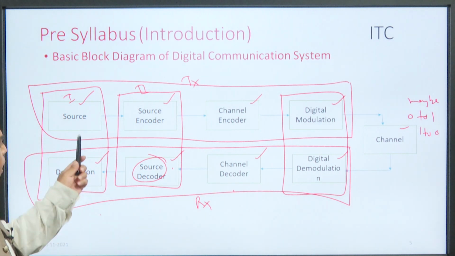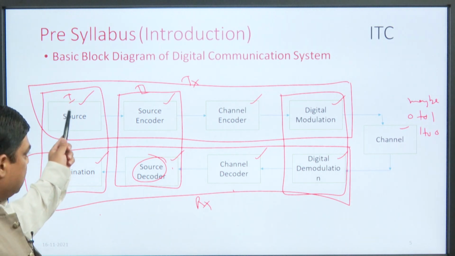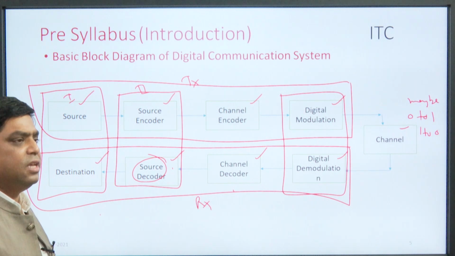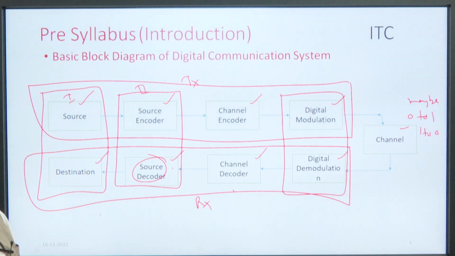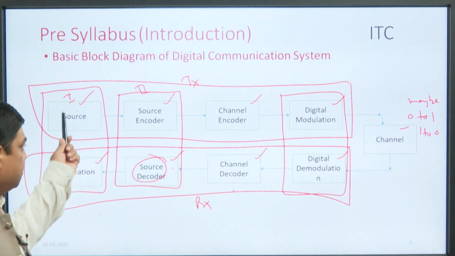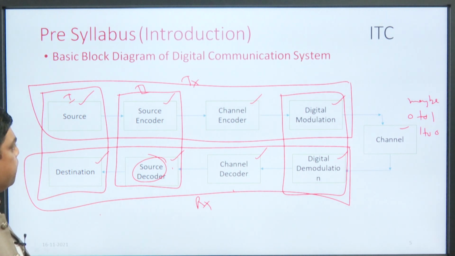Not only that, but also the entropy of the source, basically the average uncertainty connected with each symbol of that source, we will discuss in unit 1. Then this is all about the basic elements of the digital communication system.